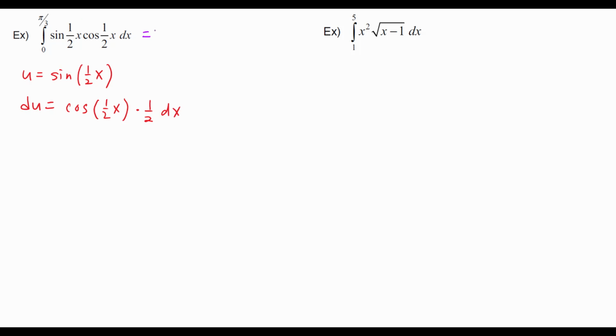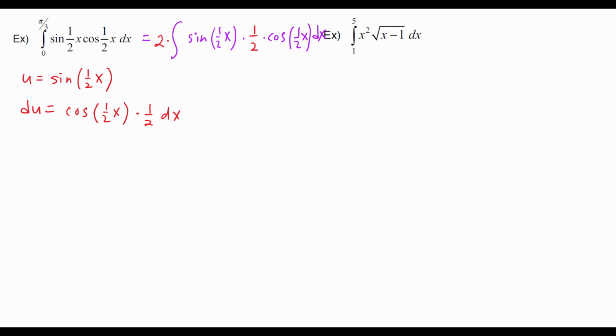This will become sine of 1/2 x times, I'm going to create a 1/2 that wasn't there before, so I'm going to times by 2. So 2 times 1/2 becomes 1. And I did have cosine of 1/2 x dx. And this integral is from 0 to pi over 3.